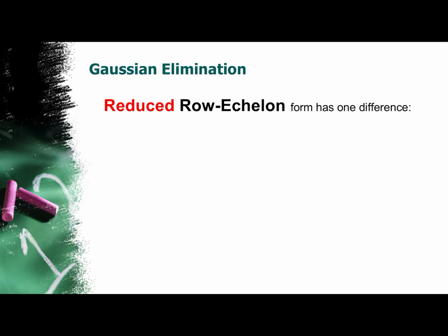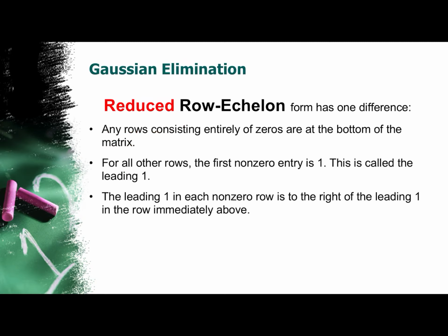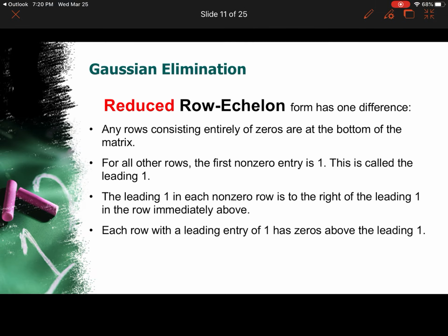Okay, now we will talk a little bit more later, but we might as well, right now, while we're talking about row echelon forms, talk about the fact we can sometimes have reduced row echelon form. So it has all the rules of row echelon form. In addition, each row that has a 1 has zeros above it as well as below it, right?